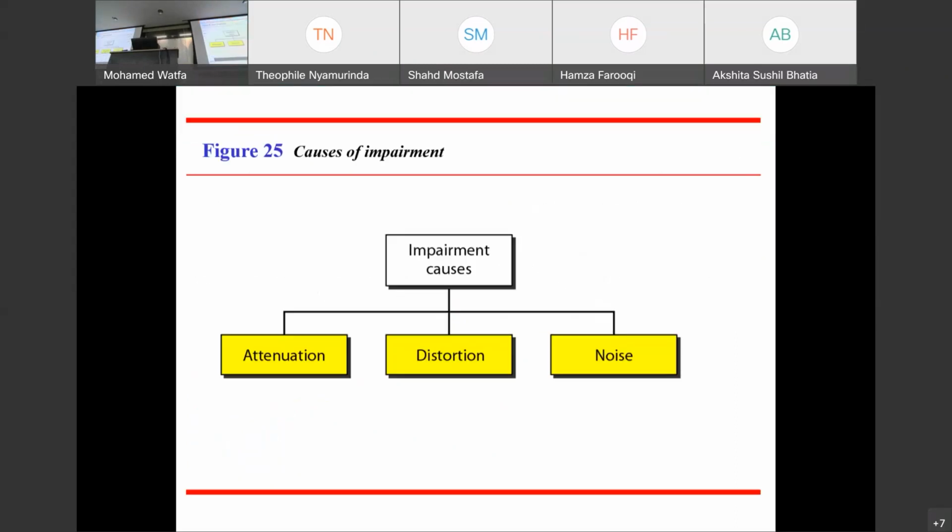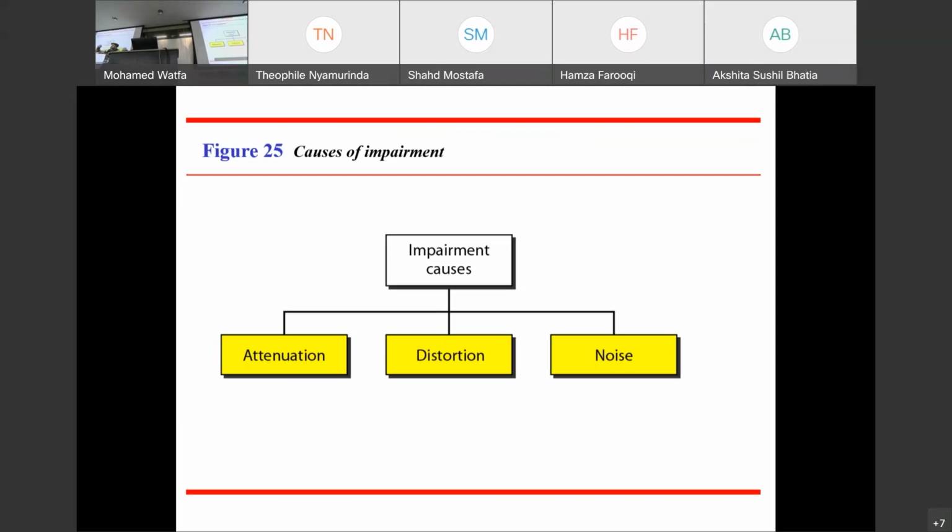So what are these three things one more time? Attenuation. We talked about attenuation before. What does attenuation mean? What happens to the signal? It's not that you lose it, but it attenuates. What does it mean? Not distortion. It gets smaller. Typically, the amplitude goes down. Now we know what amplitude means.